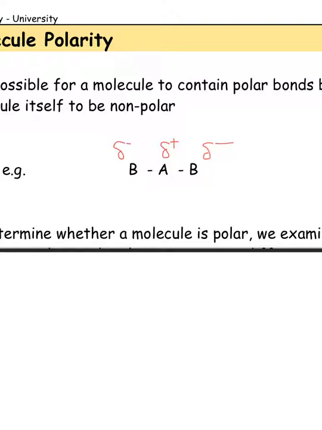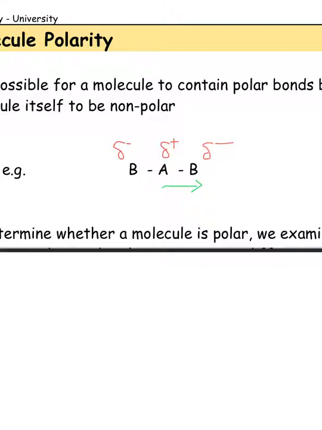In this particular case, we would draw a dipole vector. Di means two atoms and pole means the polarity. So I can draw a dipole vector from A towards B, and I draw that arrow pointing in the direction of the more electronegative atom.